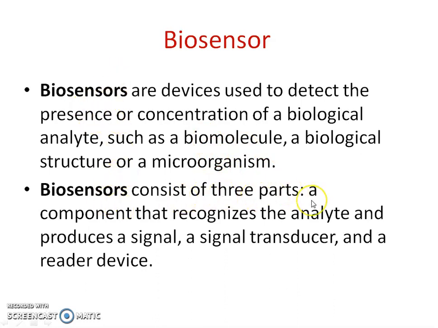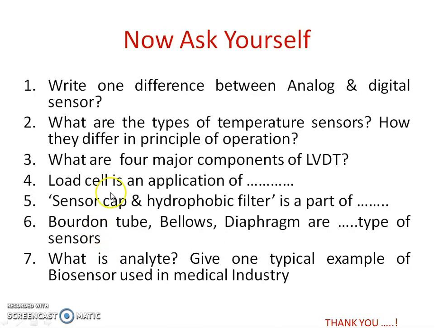Biosensors consist of three parts basically: a component that recognizes the analyte, that is the biological structure or microorganism, such as a virus, and produces a signal; a signal conditioning network, that is the signal transducer; and a reader device. The reader device is the indicating or displaying device.